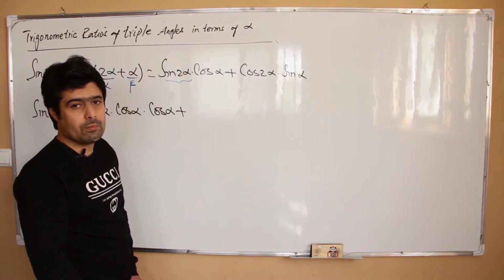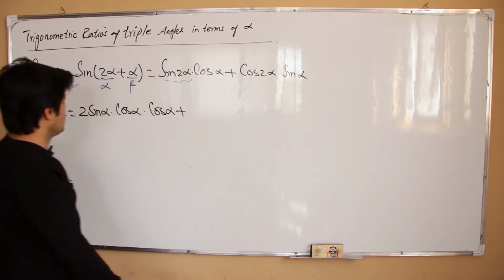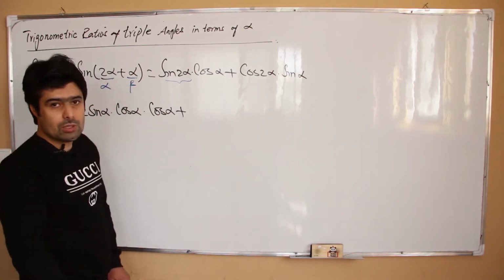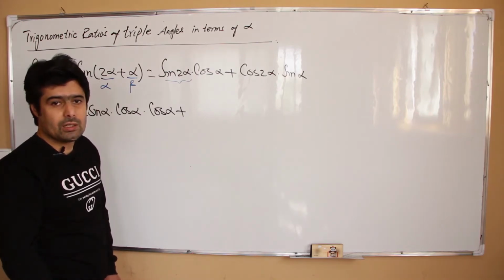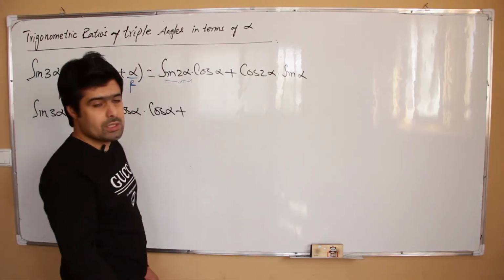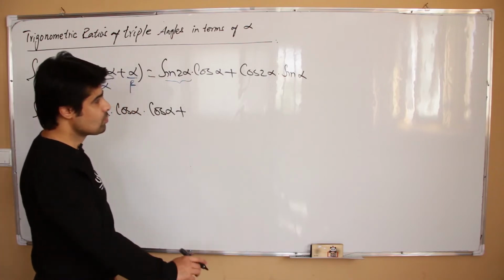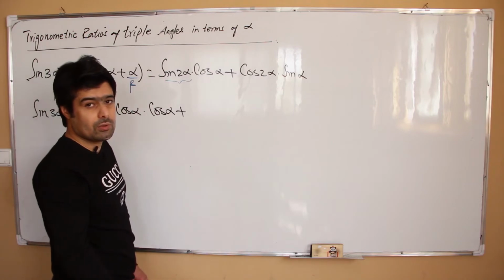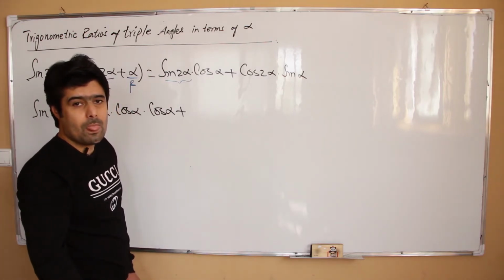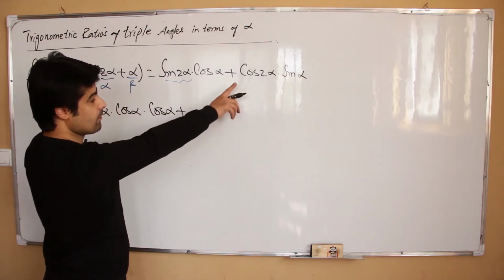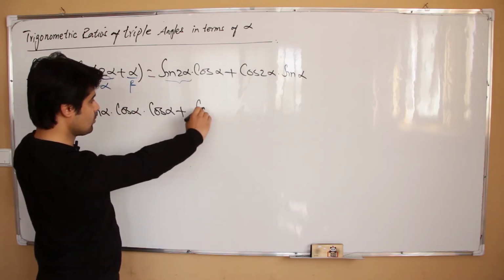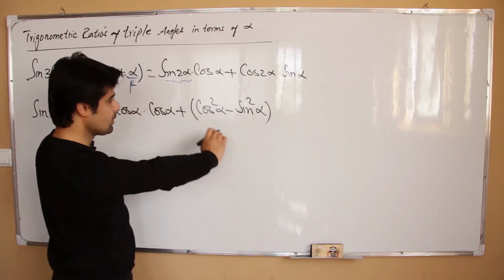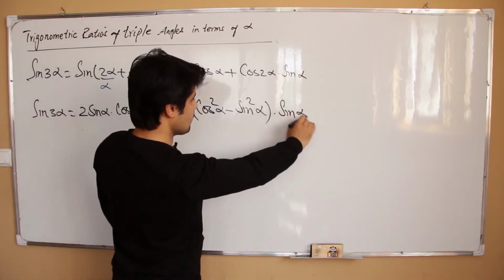We can use all of them, but I want to define in terms of sine, so we can use 1 minus 2 sine square. Or if you do not use it, then write whatever formula for cosine of 2 alpha you can use. Okay, instead of cosine of 2 alpha we can write cosine square of alpha minus sine square of alpha. Am I right? Yes. Times sine alpha.